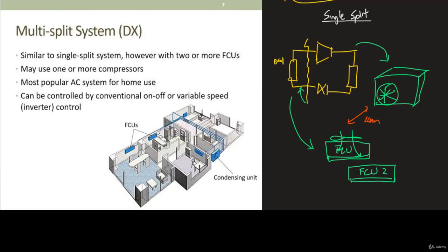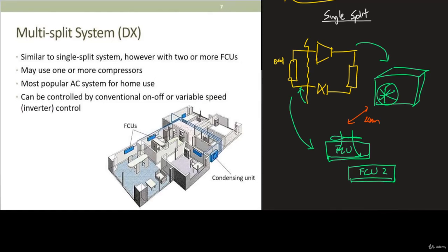For example, you may have only one condensing unit, but more than one FCU. It's common in, let's say, a 4-room flat. You have 3 bedrooms with 3 FCUs. That is called a system 3 air conditioning system, which is also called a multi-split system. So if you have more than one FCU, it's called a multi-split system.